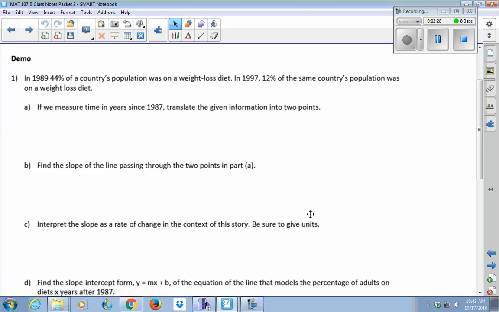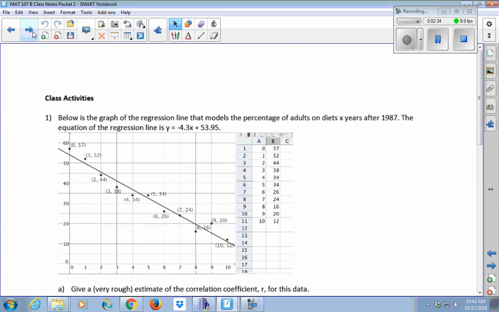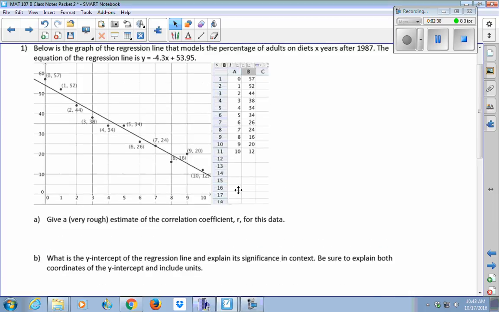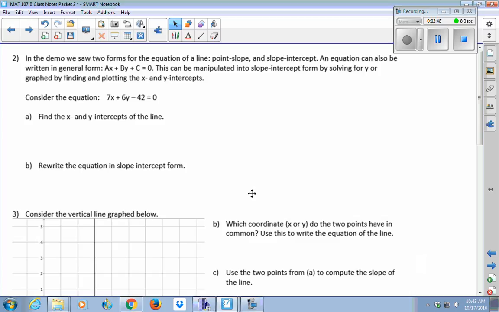Okay, but let's take a look at what the class activity today is going to focus on. It's going to focus on two ideas. It's going to focus on interpreting straight lines, very similar to what you did in your first project, but it's also going to review for you sections 2.3 and 2.4 in your book, which is all the stuff that you should know, I hope, prior to coming in, which is how do you find equations for lines?